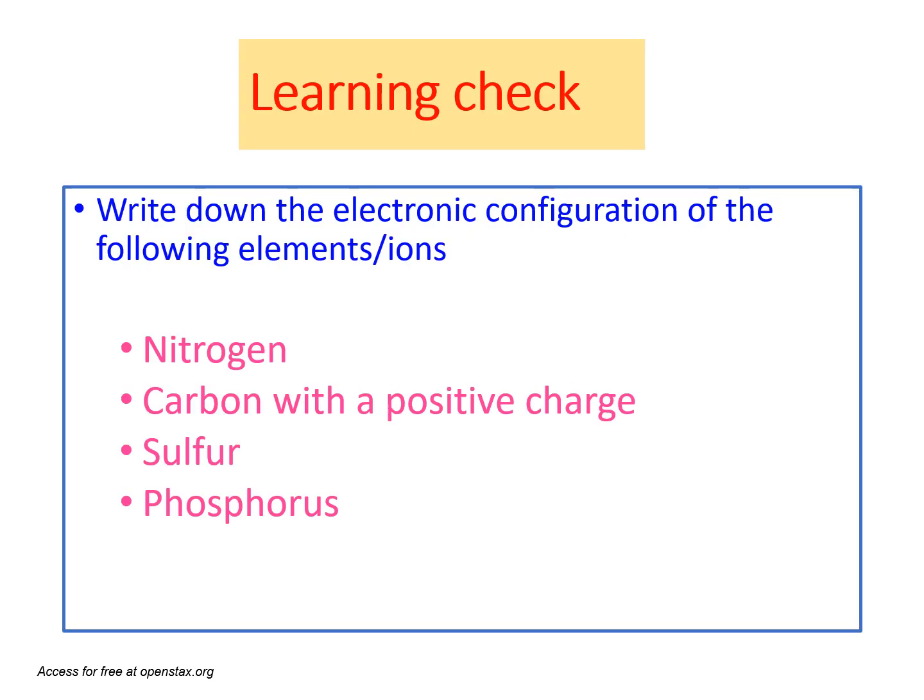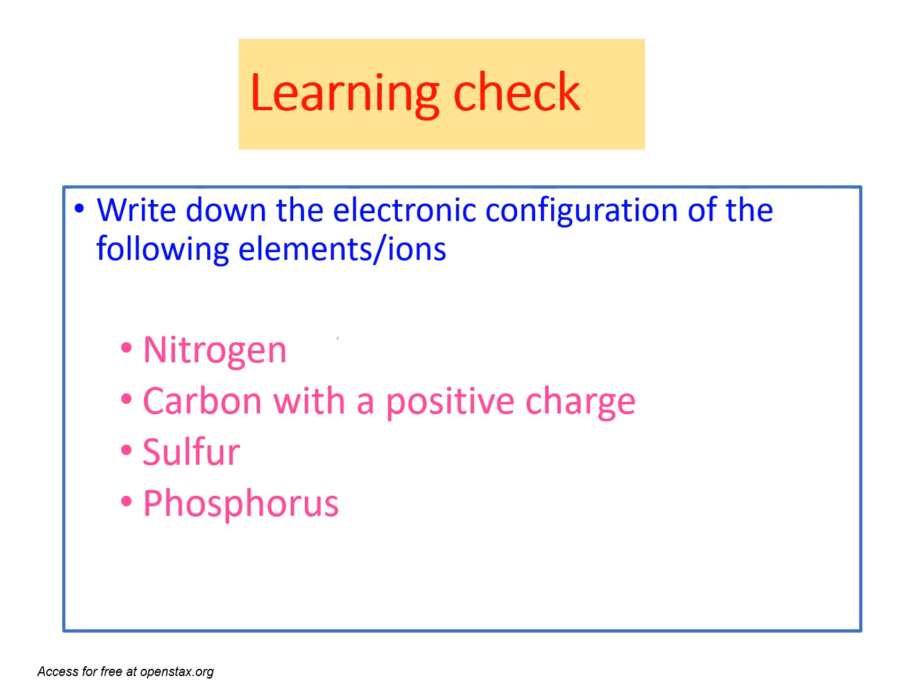Okay. So here we are going to practice writing the electronic configuration of a few more species. Some are with a positive charge, like carbon with a positive charge, or you can have neutral atoms like nitrogen, sulfur, phosphorus.